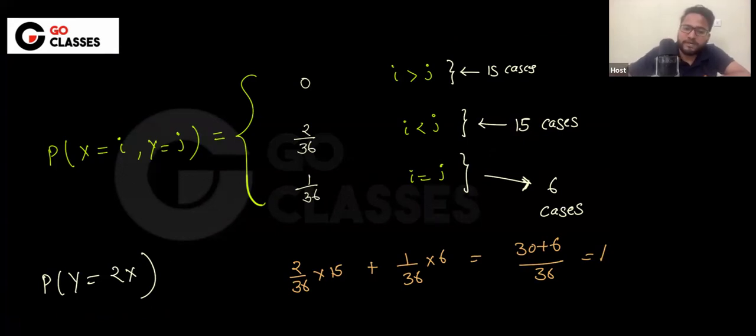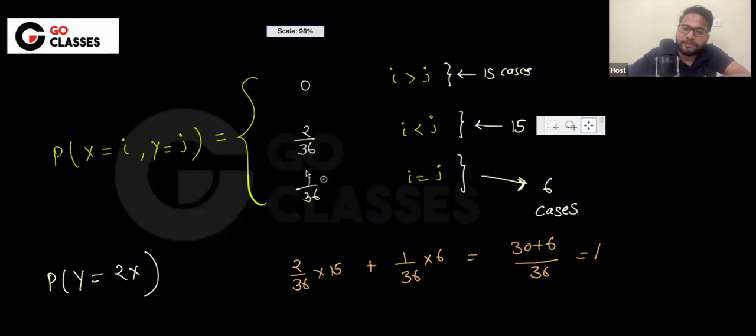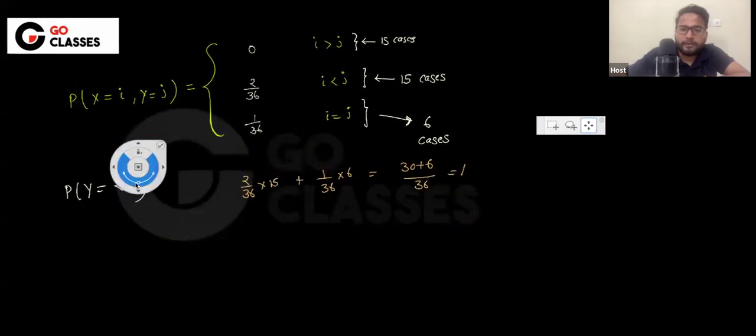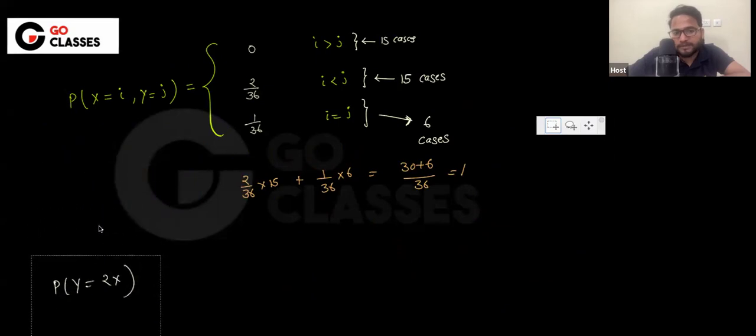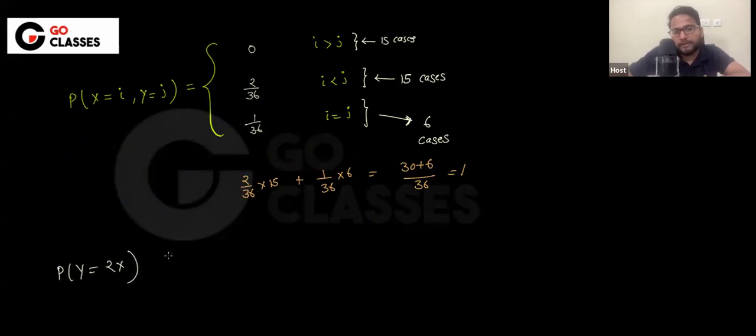That's why it is interesting, right? So basically for one of the cases, it will be 2 by 36, right? But is this just 2 by 36? Tell me, can I say it is 2 by 36? No, right? So it is falling under this case, but how many times y will be double of x?